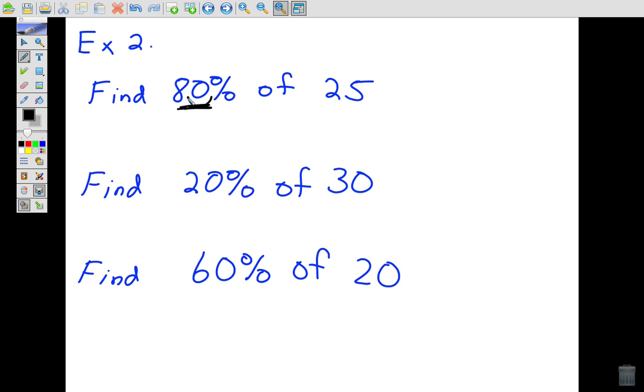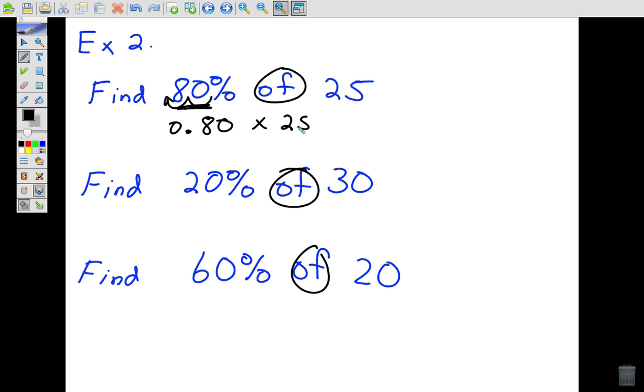So let's see, 1, 2. That would be 0.80. Now, what does of mean in math? Well, it means times. So all I need to do now is take your calculator, and you're going to take 0.80 or just 0.8, and I'm doing that right now, times 25, and I get 20. So 80% of 25 is 20.